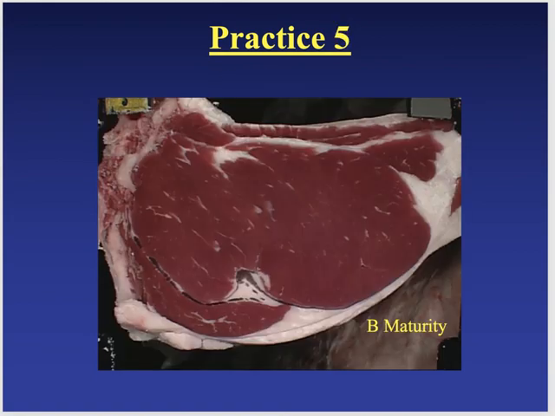Here we go. We have B maturity. Because it's a B maturity, it's not eligible for the select range. So it can either go standard or it can go choice. Not a whole lot of fat in that ribeye area.